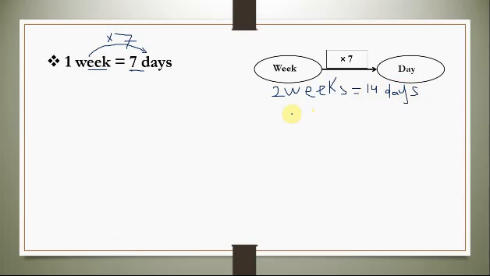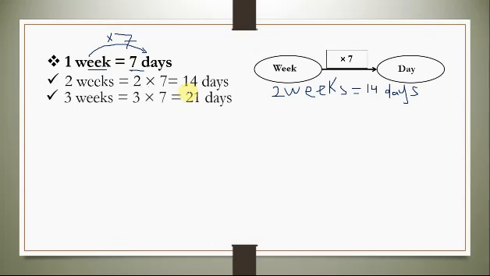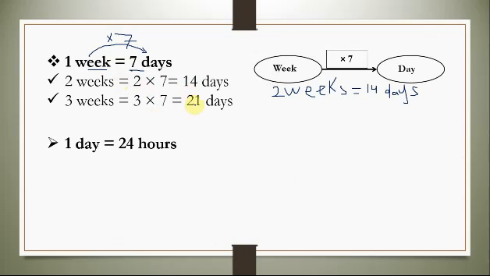What about 3 weeks? 3 times 7 equals 21 days. 5 weeks, so it will be 5 times 7 equals 35 days. And here it is, 2 weeks equals 14 days. 3 weeks equals 3 times 7 equals 21 days.